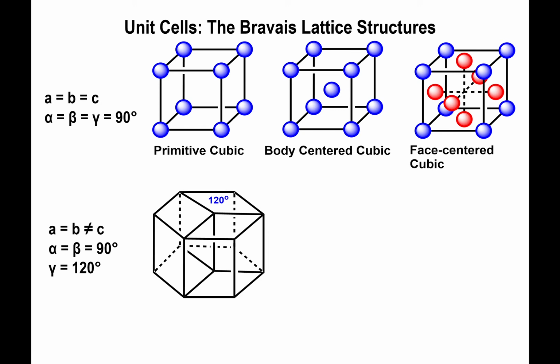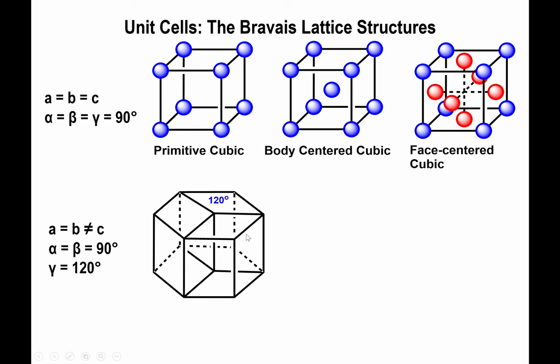But the cubic structure is not the only type of unit cell in which atoms can arrange and position themselves. We also have the hexagonal structure, which characterizes itself by having one of the angles equal to 120 degrees. The other two are 90 degrees.